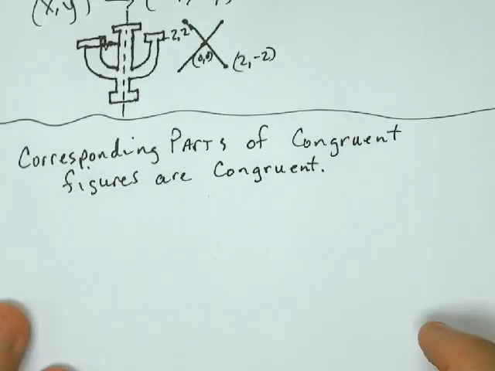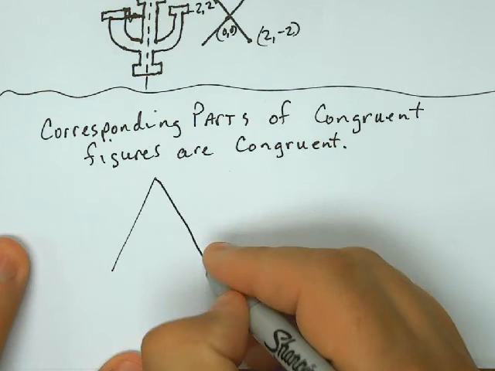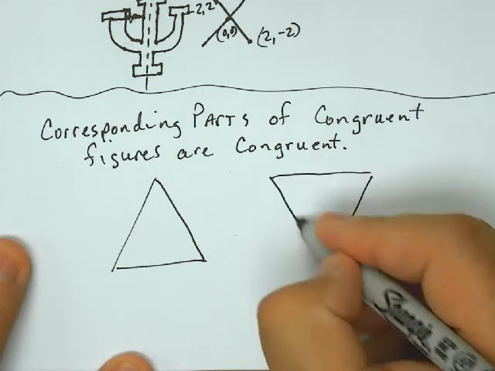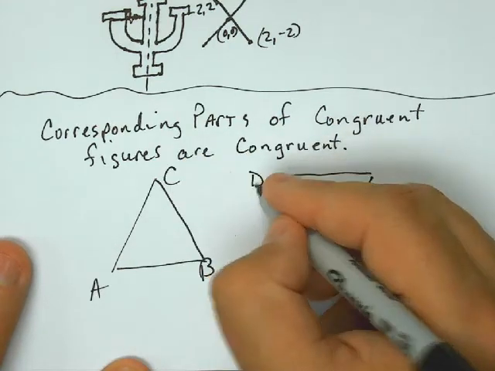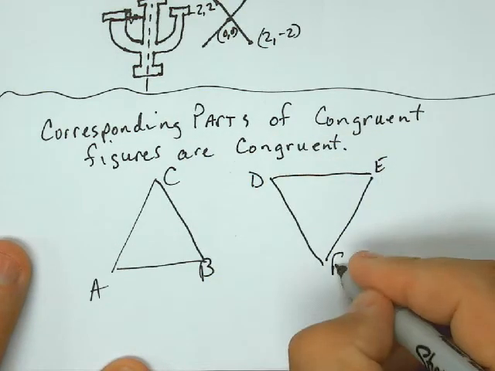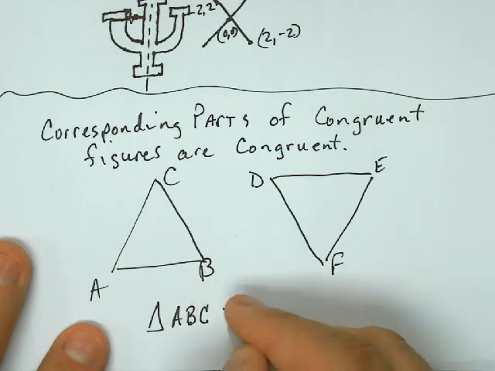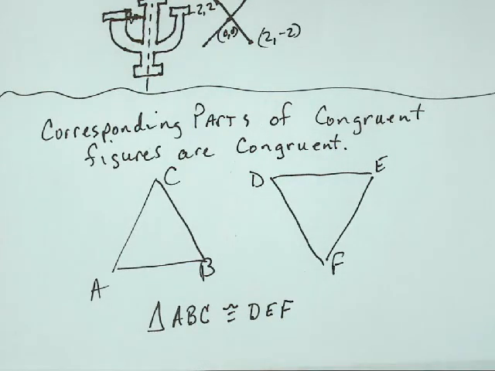All right, so corresponding parts of congruent figures are congruent. So if I have, let's say, two triangles that are congruent, then we can name all 6 parts that are congruent.